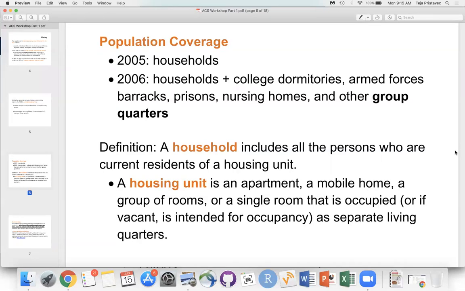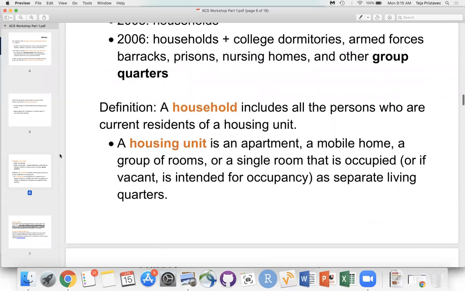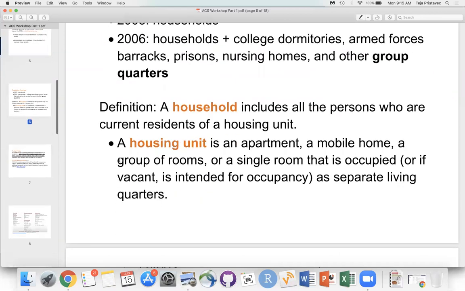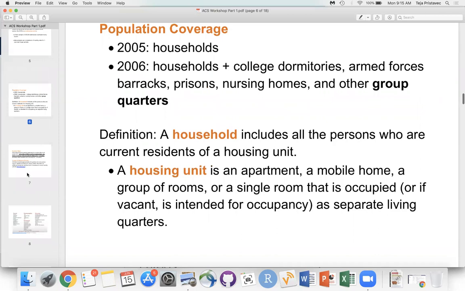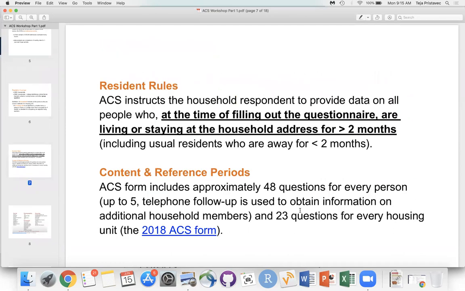Always keep in the back of your mind that we don't exactly know what a household is. We just take it as a unit because that's how sampling goes here. You start with a master address list of all the housing units in the US, you sample from those, and then you interview the householder. That's how ACS is conducted.